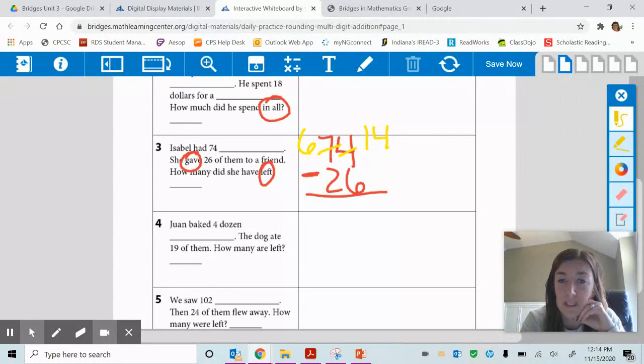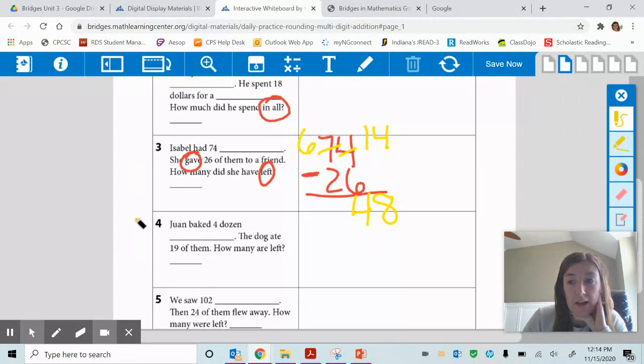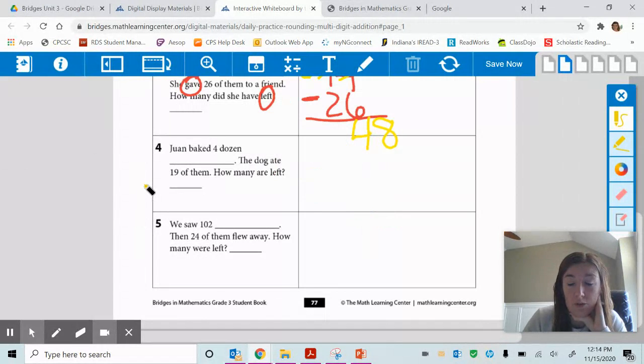So now 14 minus 6 is 8, and 6 minus 2 is 4. So 48, whatever we're talking about, pieces of candy or cookies or bouncy balls, whatever you wanted to put in your problem. All right, I'll let you do number 4 on your own and think about it.